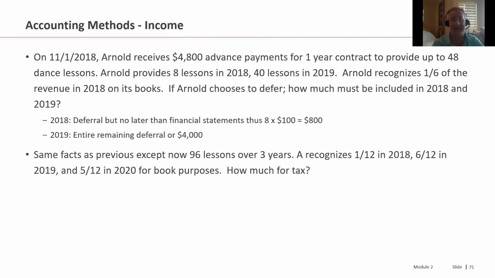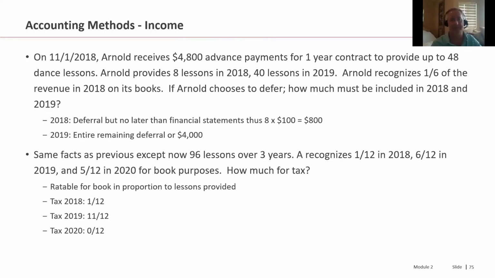So let's play with that, except let's say it's 96 lessons over 3 years. And he's going to recognize a 12th in 2018, 6 12ths in 2019, 5 12ths in 2020 for book purposes. So how much for tax?